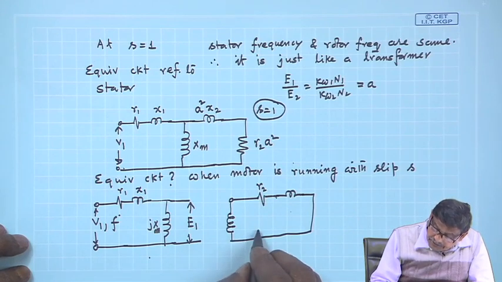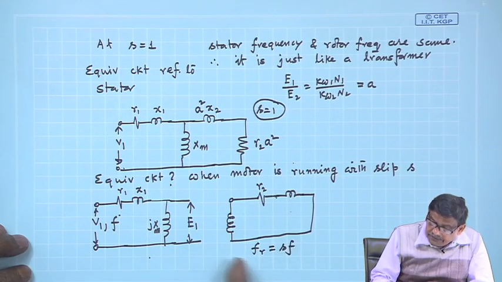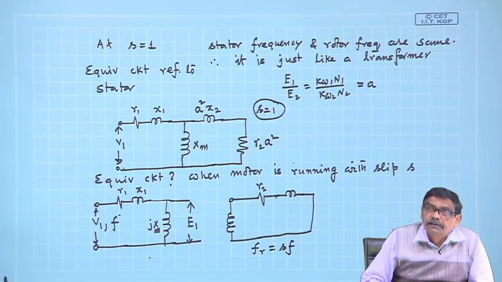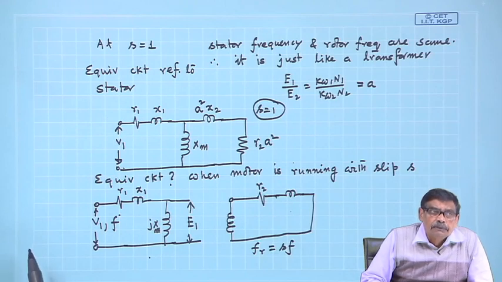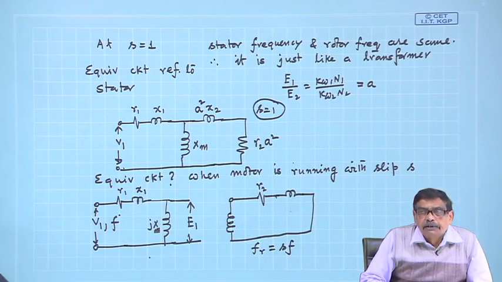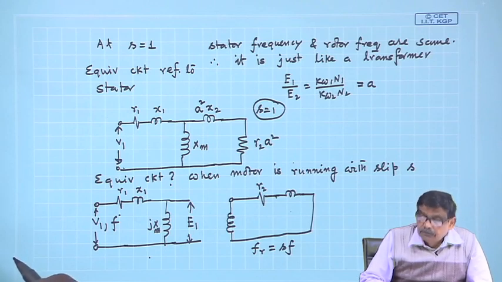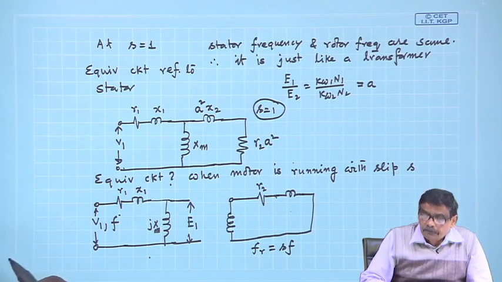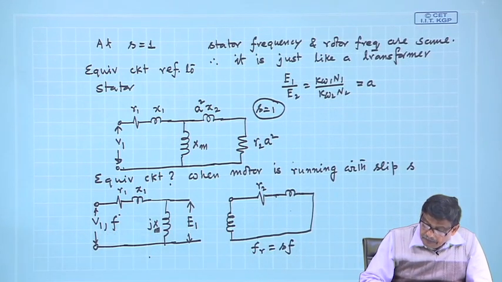But the frequency of the rotor electrical quantity is SF, which will be less than your supply frequency, because S is a number between 0 and 1. For example, if the supply frequency is 50 hertz and the motor is running at 5% slip, the frequency of the rotor current will be 0.05 into 50, that is 2.5 hertz. Low frequency compared to this 50 hertz.